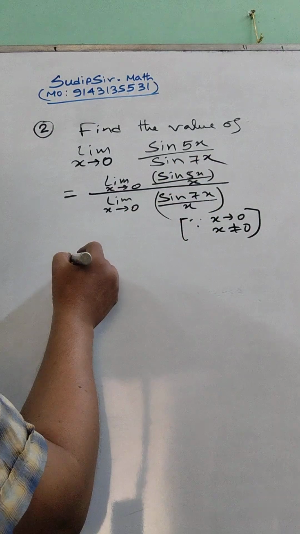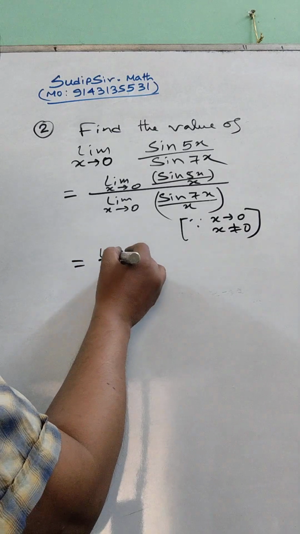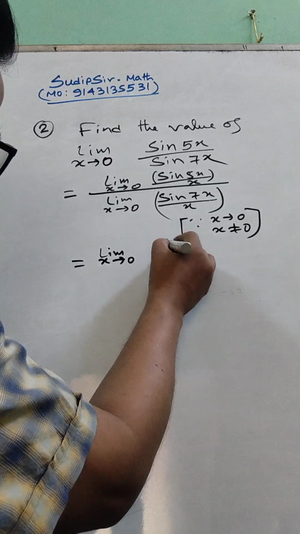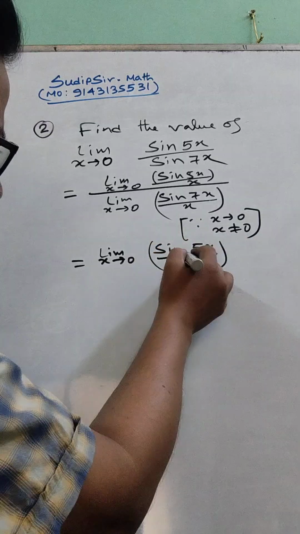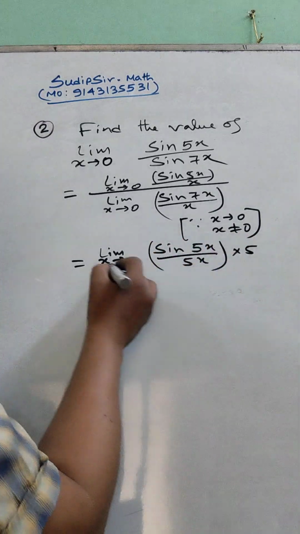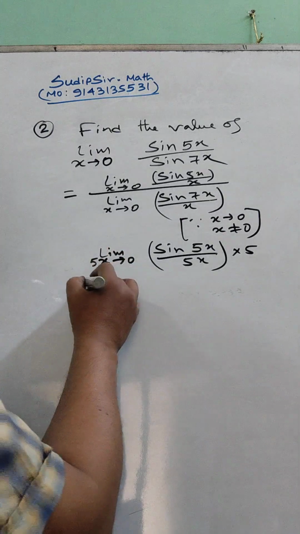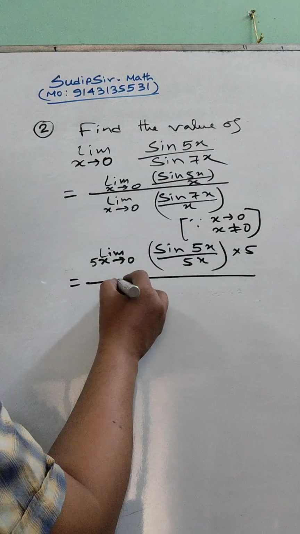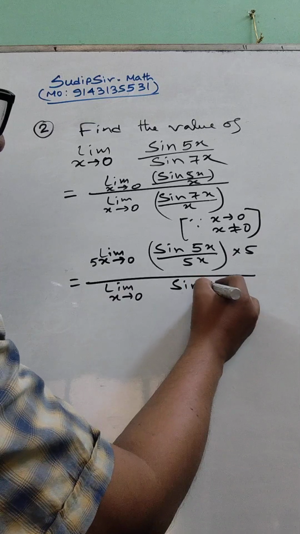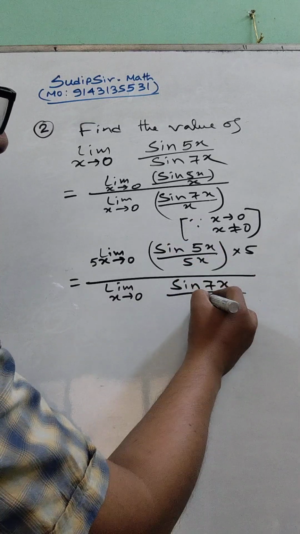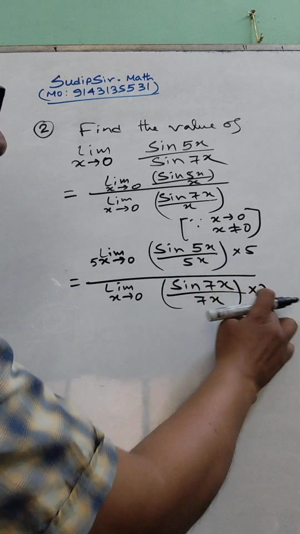Now you have to adjust that. Limit x tends to 0 sin 5x by 5x, because this must be the same, into 5, and when x tends to 0 you can write 5x tends to 0 also. For the denominator also, limit x tends to 0, this is sin 7x by x, so you have to write 7x and into 7 to adjust this.